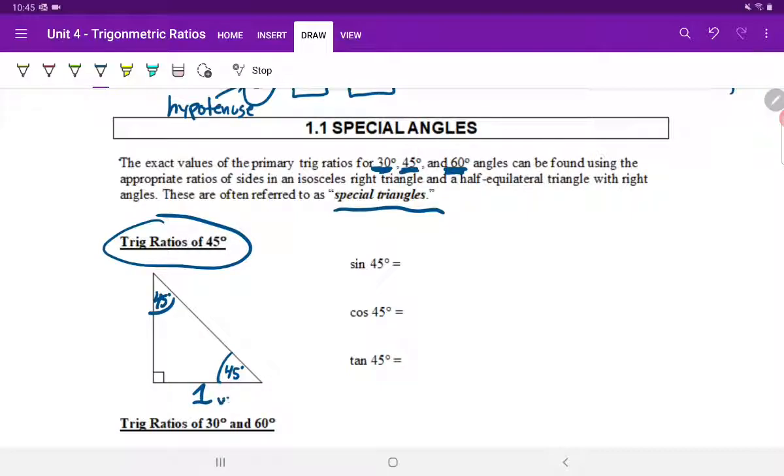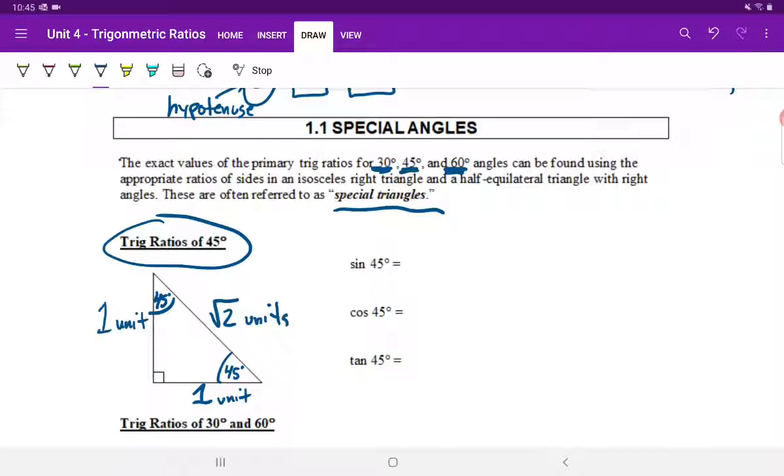I'm going to say that this is 1 unit here. And if this is 1 unit, because this is a 45 degree in 2 spots here, this would also be 1 unit. Okay? And from there, if you were to do a little Pythagorean theorem, you would find that this would be the square root of 2 units. Okay? So here's our first special triangle, where we have a 90, 45, 45 triangle.